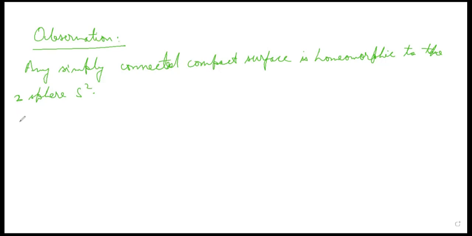We already know what the fundamental group of these compact connected surfaces is. So what are the compact connected surfaces? It is either a sphere, or a connected sum of n tori, or a connected sum of n projective planes.